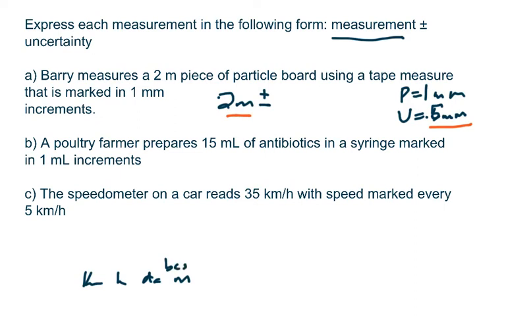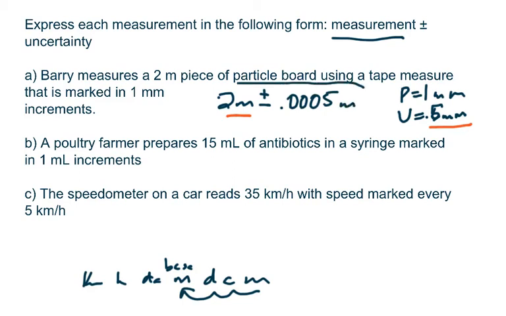Base unit of meters, deci, centi, milli. We're going from millimeters all the way over to meters. So 3 movements to the left. So plus or minus 0.0005 meters. So there is my measurement, right there, plus or minus my uncertainty, depending on the tool I use.